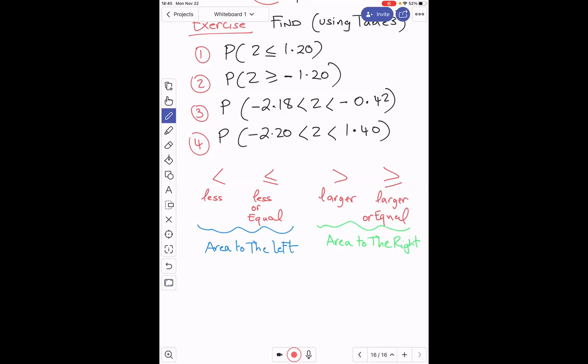So the next thing I'm going to do, guys. This is for the standard normal distribution, where the mean is 0 and the standard deviation is 1.